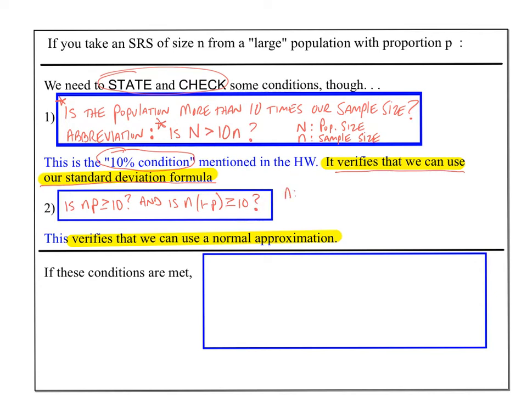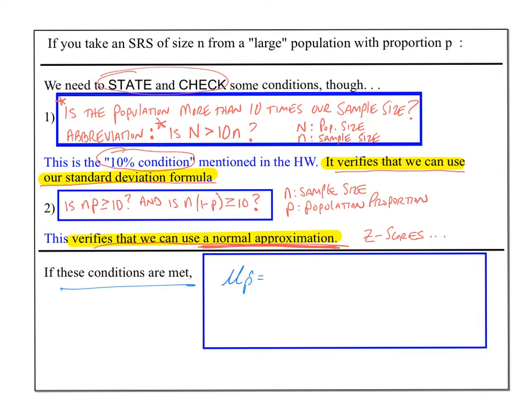So again, remember, little n is our sample size, and p is our population proportion. If both of those work, then we can use a normal approximation. And that is a good thing, because then we will be able to use z-scores.